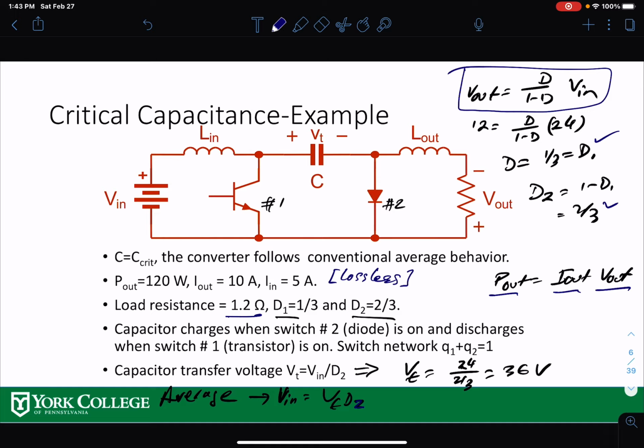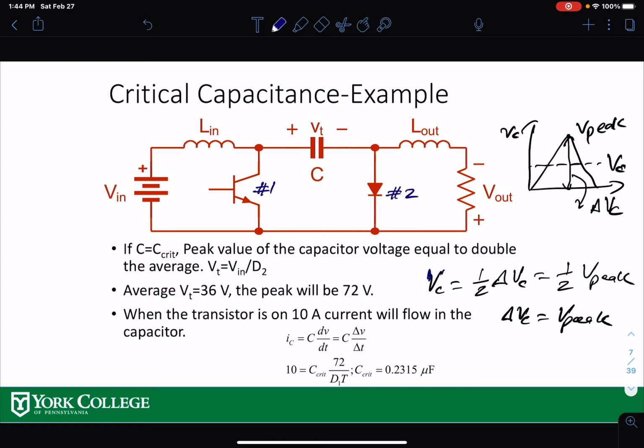The transfer capacitor voltage VT is V in over D2. We discussed this in the class when we covered the boost-buck converter. It came from this equation over here, right? So now your VT, the transfer capacitor voltage, is 24 over 2/3, which gives you 36 volts.